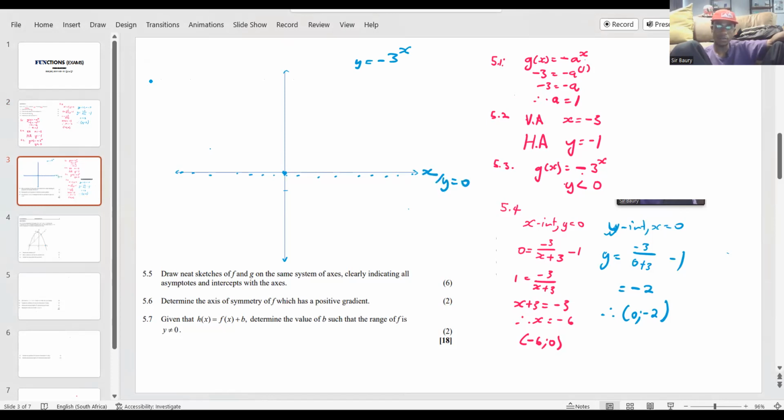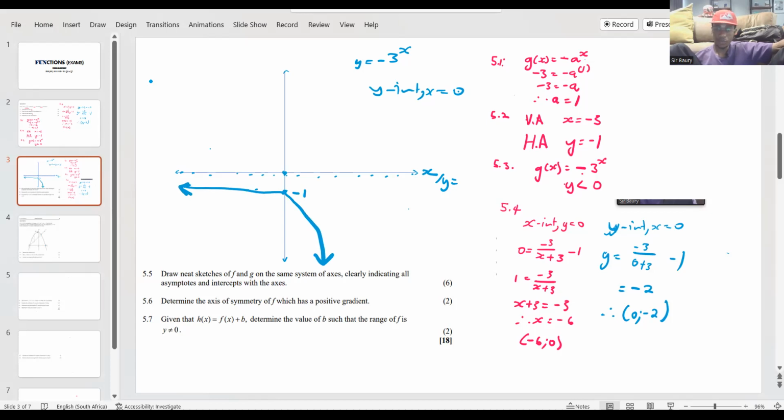It's y is equal to 0. So I'm going to calculate the y-intercept. x equals 0. This is going to give me a negative 1. So here it's going to be negative 1. Then I'll have my function. There is my function there.